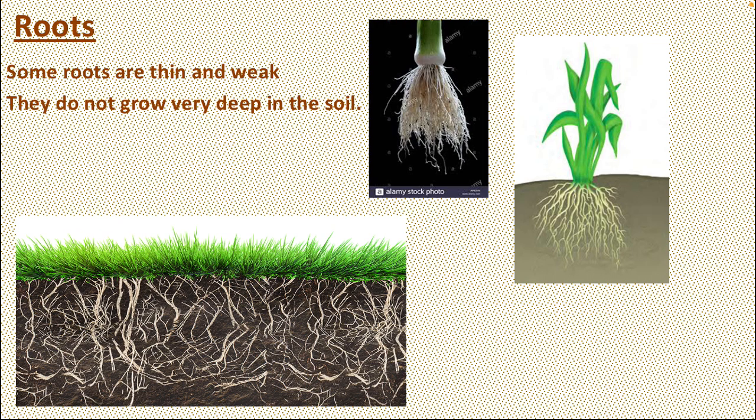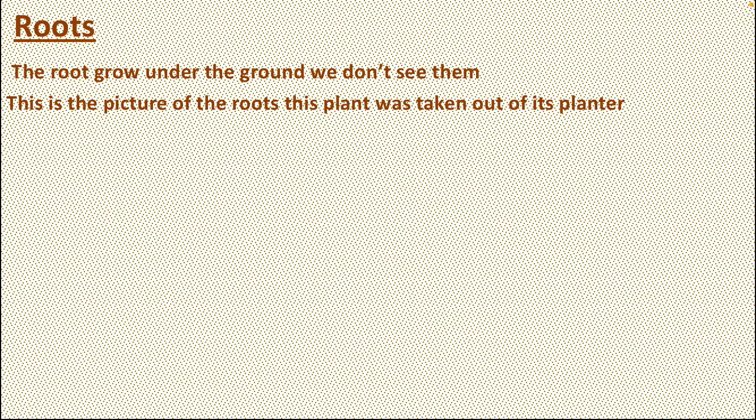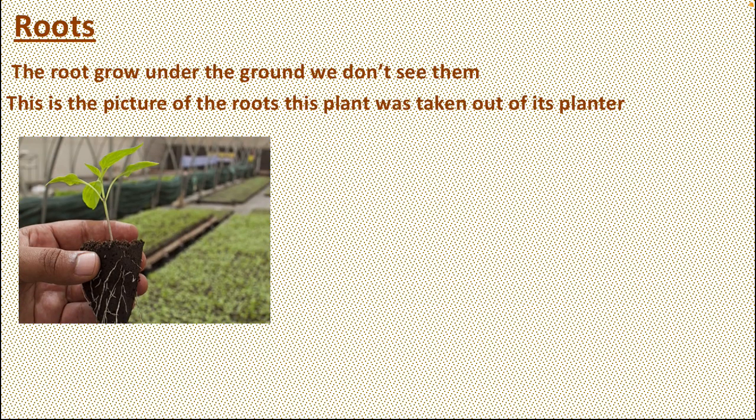This is the grass onion roots and these are the grass roots. What do you see when you go outside? You only see the green beautiful grass. But now in this picture you can see how the roots grow under the soil and what they look like. They are very thin and weak. We can pull them off with our hands very easily.